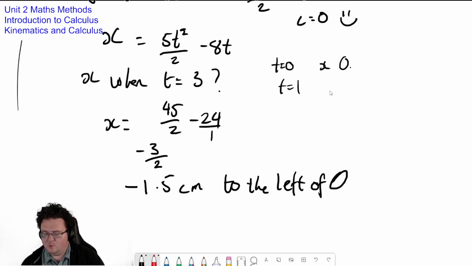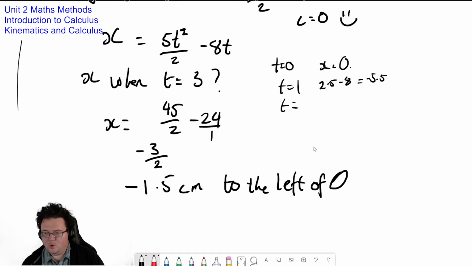When t equals 1, what is it? Well, that's going to be 2.5 minus 8, negative 5.5.